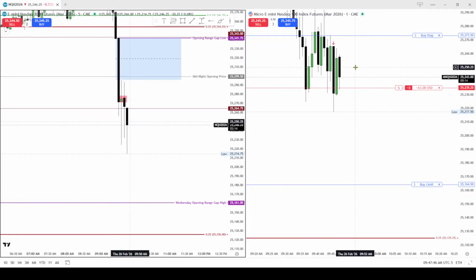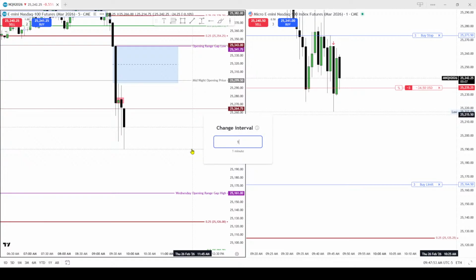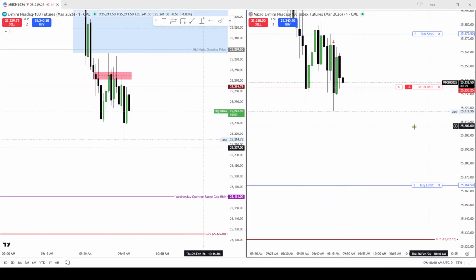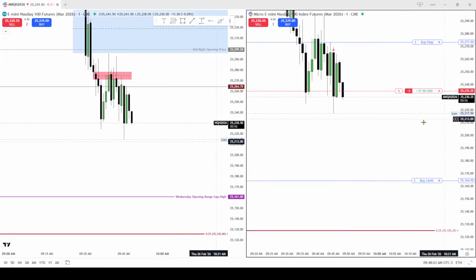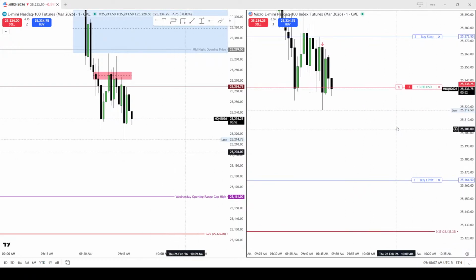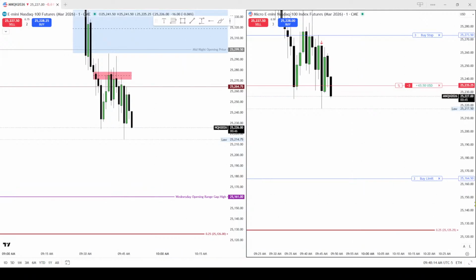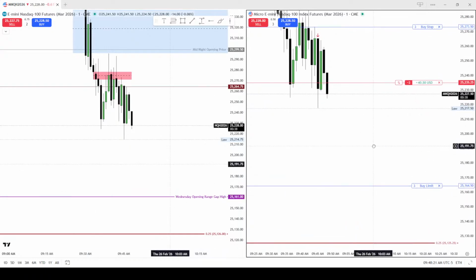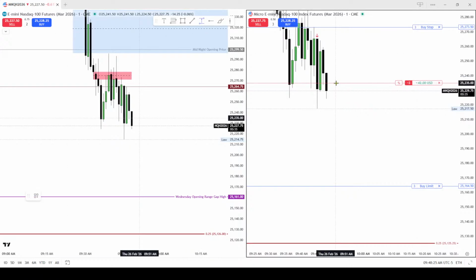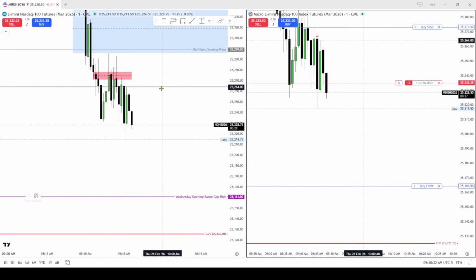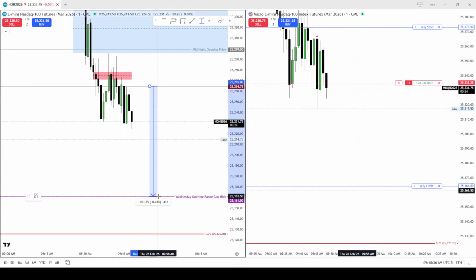And so far, I'm in drawdown on this position. Let's see if we can get target hit or not.